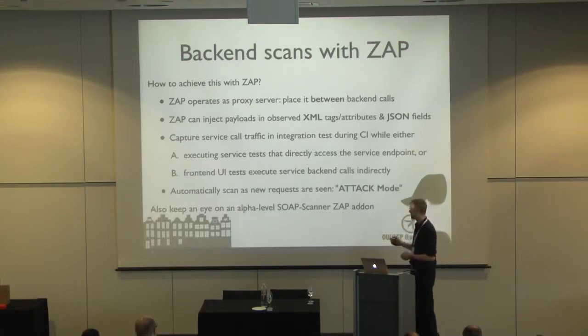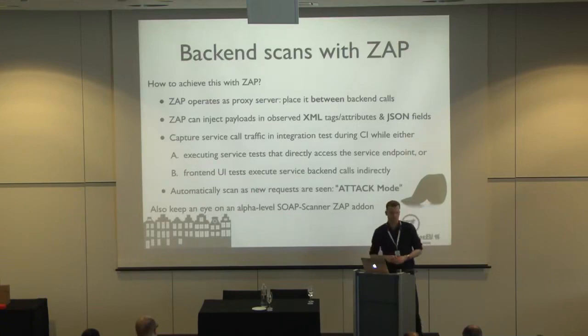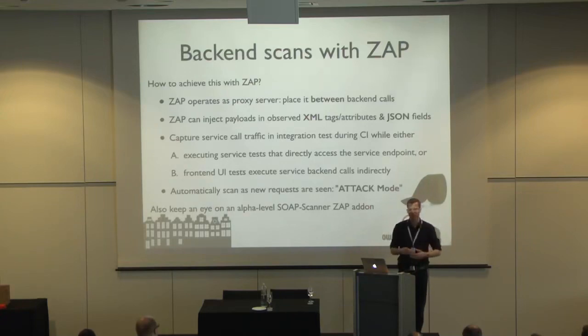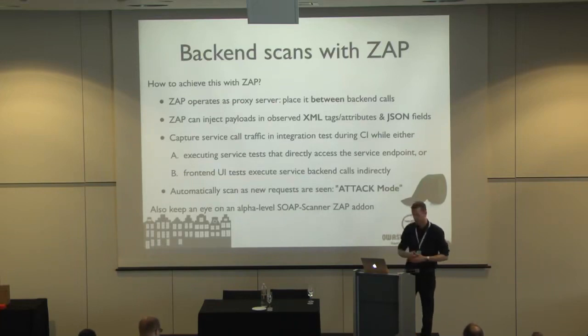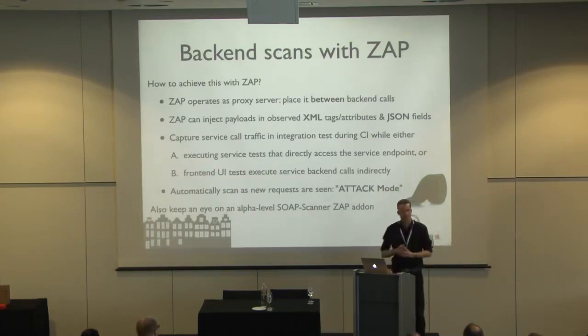Anyways, then you need to set ZAP into its attack mode, which is basically automatically actively scanning new requests it sees during the proxy listening. Also, there's an alpha level SOAP scanner add-on available in ZAP up to now. So if this shifts into beta level, this should be a candidate as well.